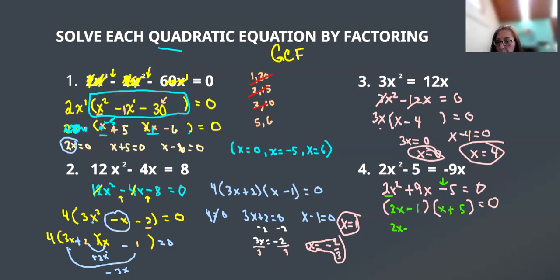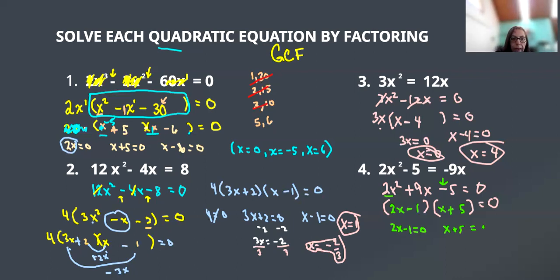And when will x plus 5 equal 0? Well, we know x plus 5. Well, -5 plus 5 is 0, right? So we can say right off the top over here that we want to know when that equals 0. So x will have to be -5.